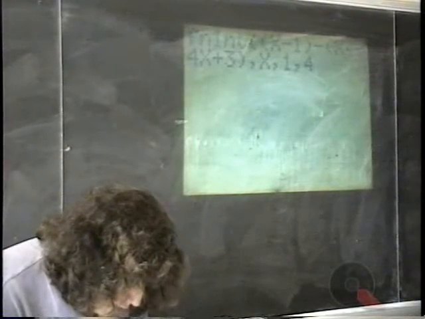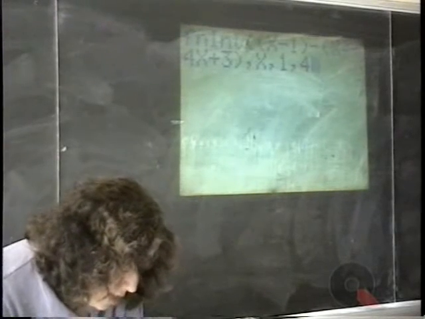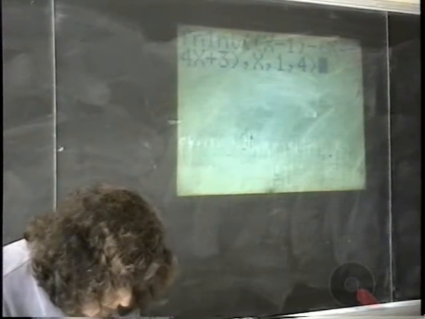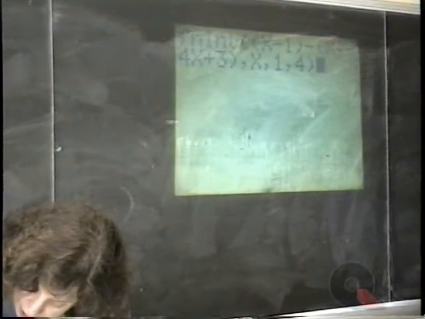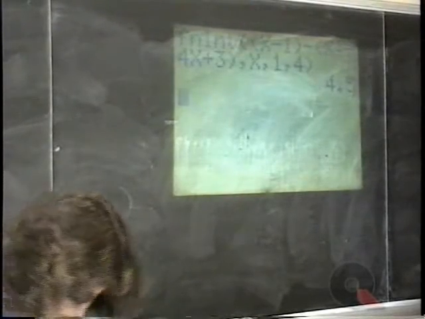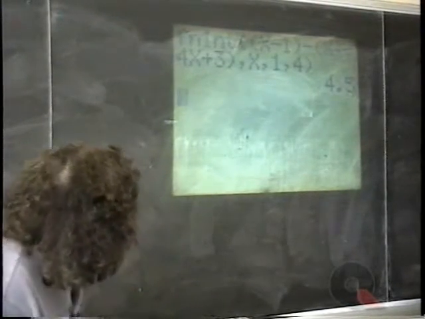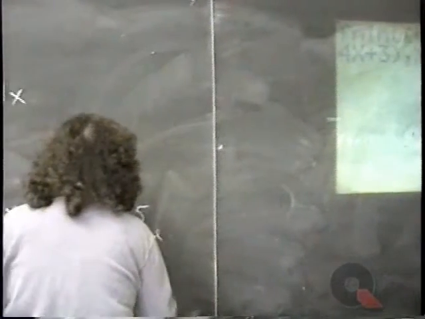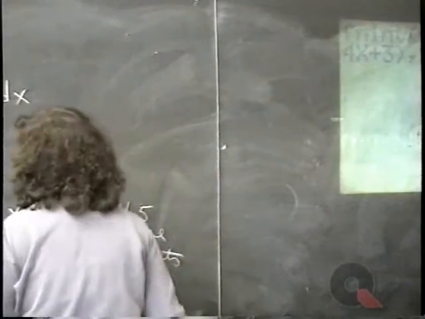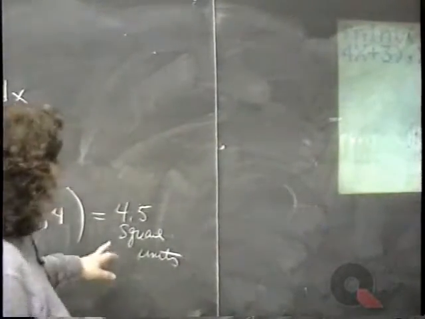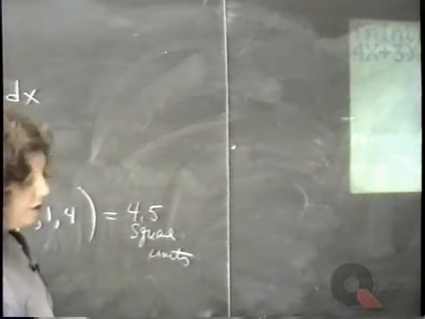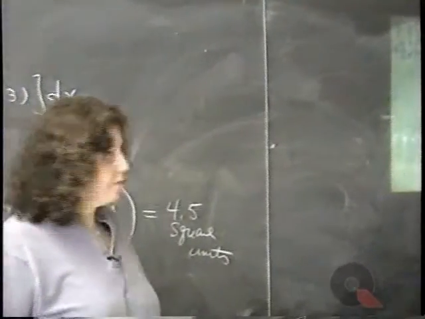If you make a mistake, the calculator will indicate that there's an error and it'll help you go to it. I hit enter and I get an answer of 4.5. Okay, and that is in fact the same answer that you would get if you did it by anti-differentiating and plugging in. 4.5 square units for the area of this region.